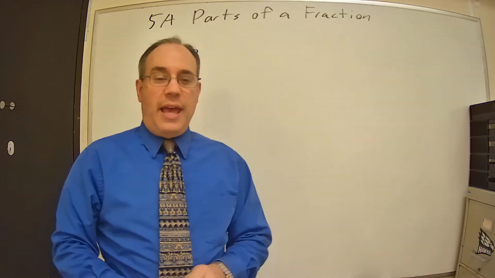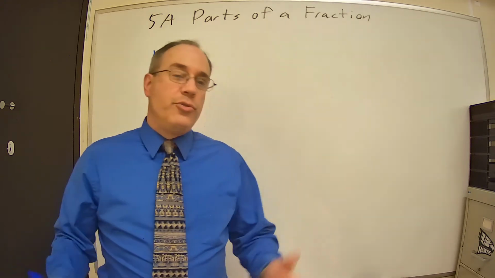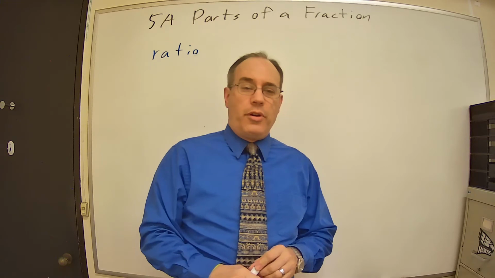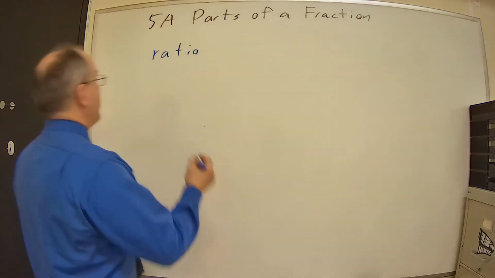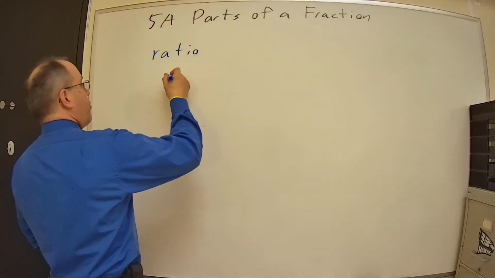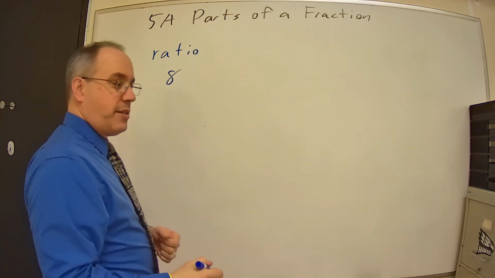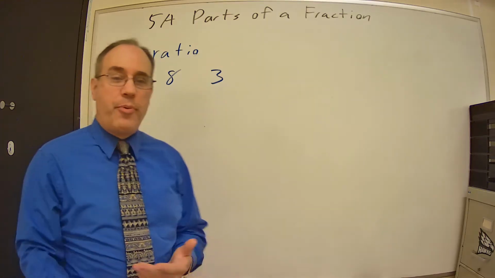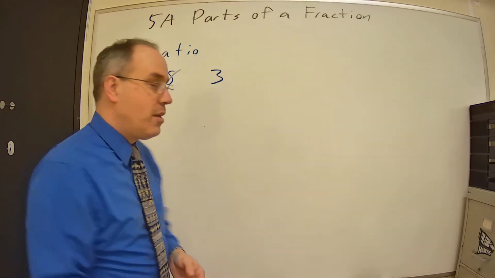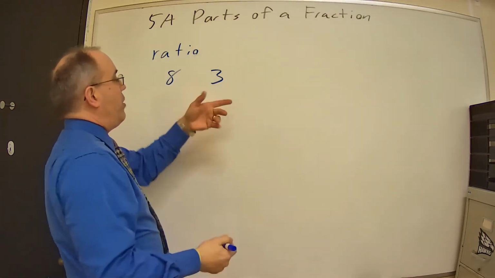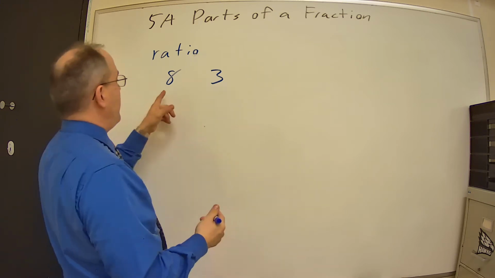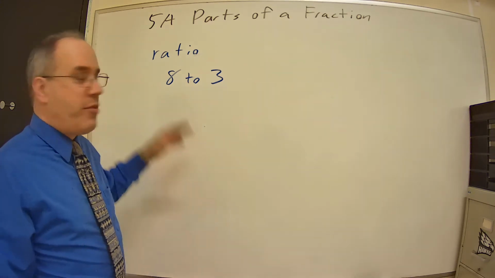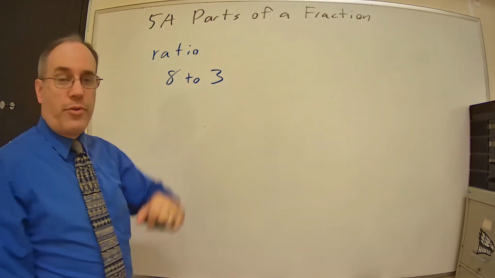If you're looking at two different people playing a sport, you may be able to see that the one person scores 8 points for every 3 points that the other person scores. Well, that's a ratio, but how we put it is we say that it's 8 to 3. For every 8 points that this person scores, the other person scores 3 points.